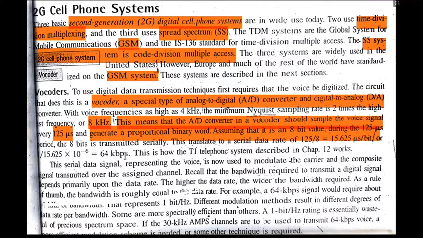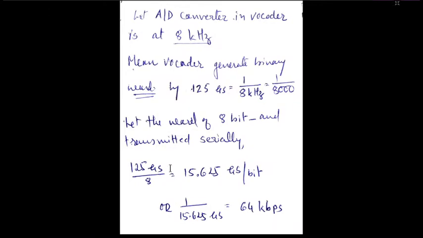That means what you speak in your phone must be converted from analog to digital, and thereafter the digital signal is transmitted serially. Once it's a serial transmission, you can understand this logic, right? Still, I have put it on a piece of paper.